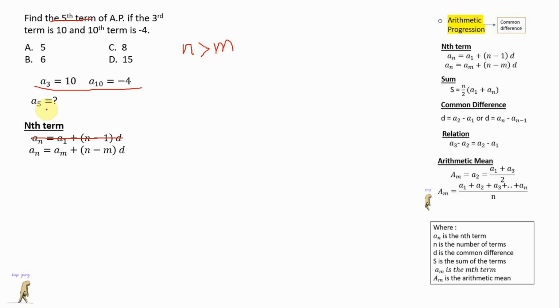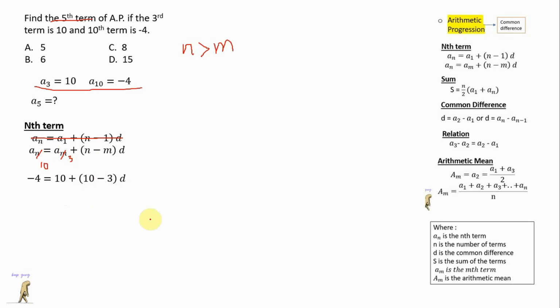How can we do that? Let's solve this. Let n be 10 and m be 3. So we can put it in our formula already. a sub 10 is negative 4, a sub m, which is 3, is 10, as we can see here. Then the value of n is 10, and the value of m is 3.